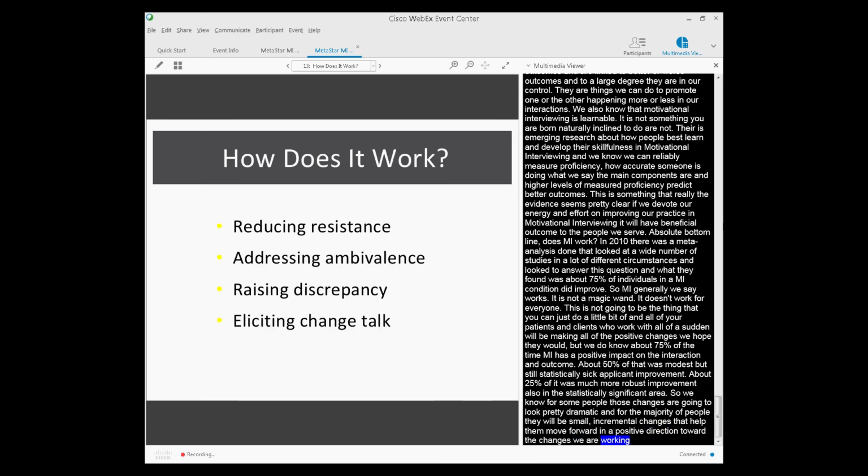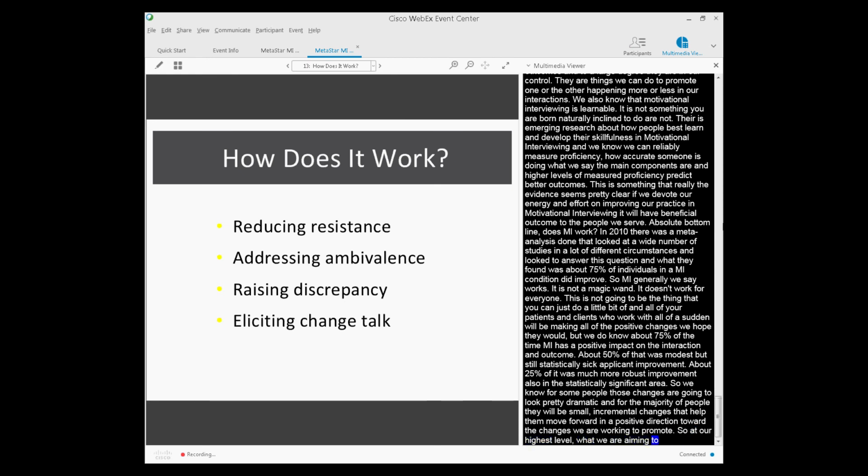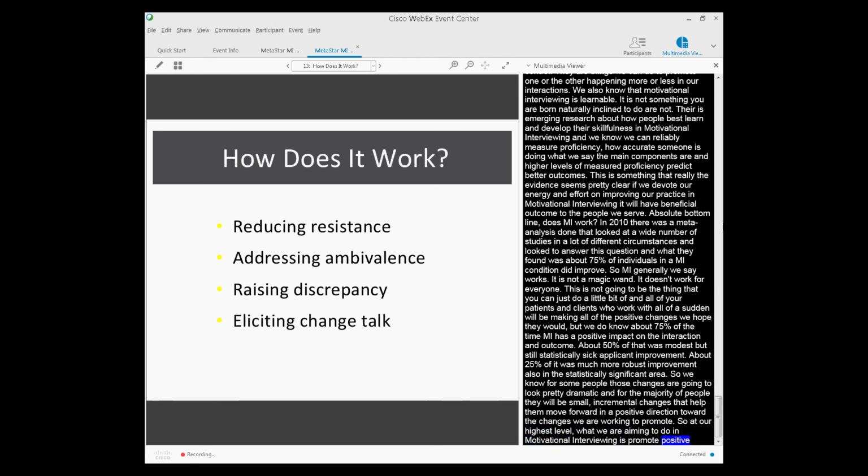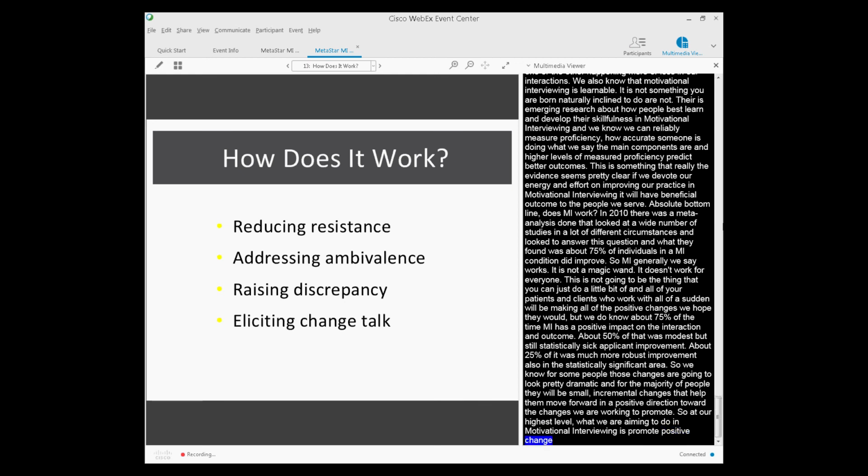So at our highest level, what we're aiming to do in motivational interviewing is promote positive change. And some of our more near-term goals, so what am I trying to accomplish in any interaction?